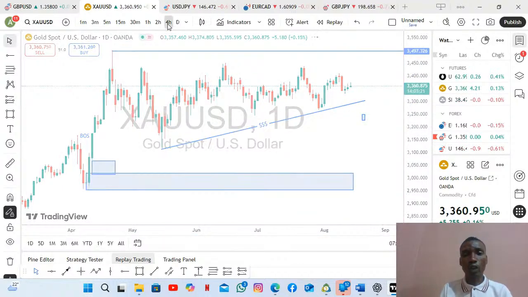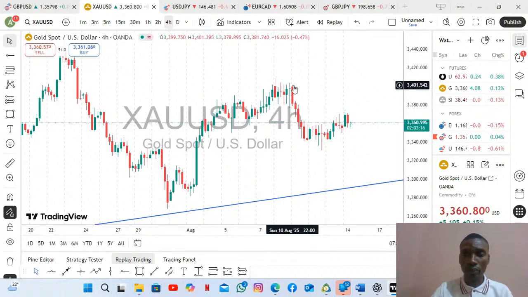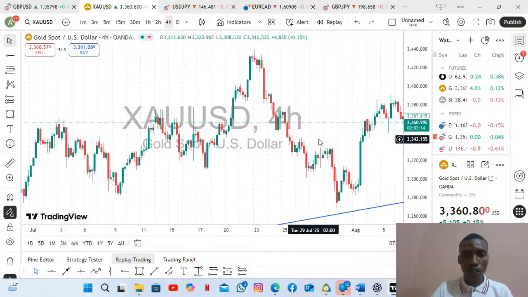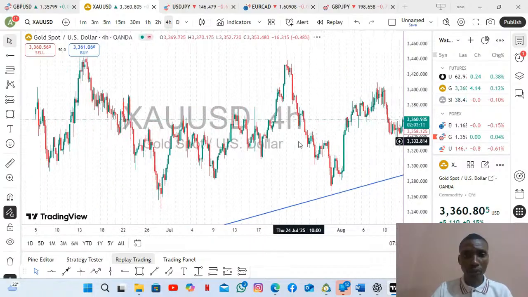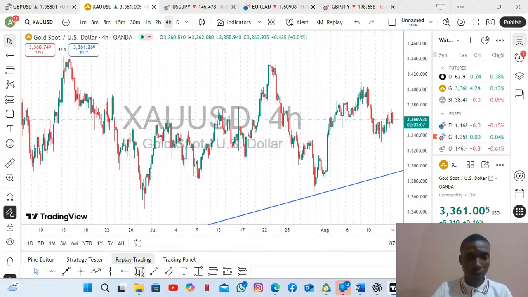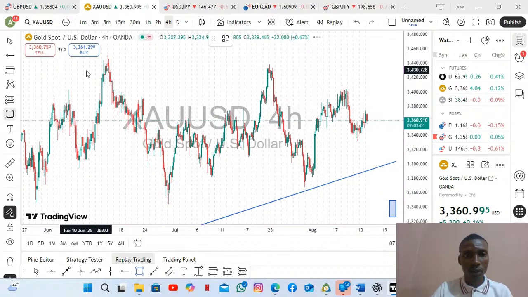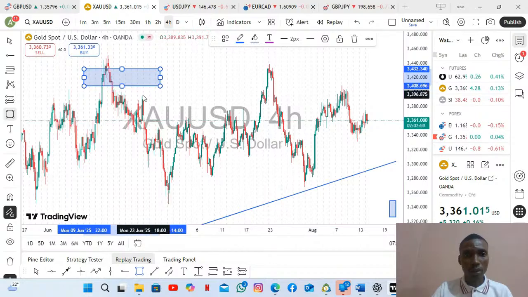What is the 4 hour like? Let's see. What is the structure in the 4 hour time frame? What is going on in the 4 hour time frame? We can see this resistance level. We can see this coming.